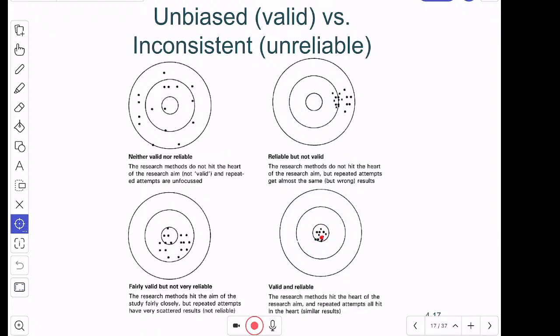Now, this is not valid. It's right off the target, right? So this is not even a valid set of data. That can happen. It's not hitting here, but they're reliable because they're close together. So reliability has to do with variance, and validity has to do with bias.